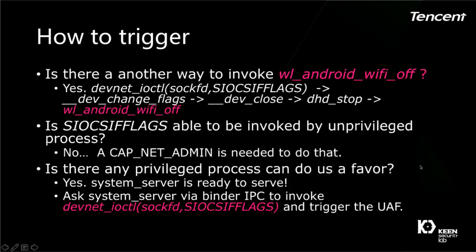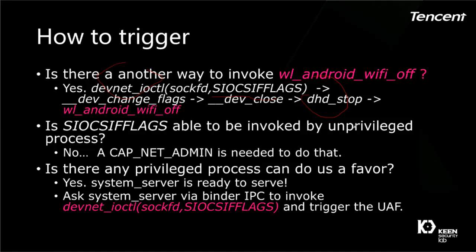Fortunately, the wl_ioctl WiFi off can also be called via the dhd_stop. The dhd_stop is here, and is reached by calling the dev_ioctl with a command code which is SIOCSIFFLAGS.